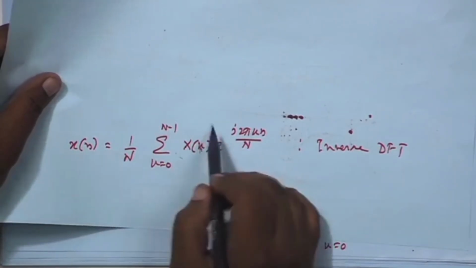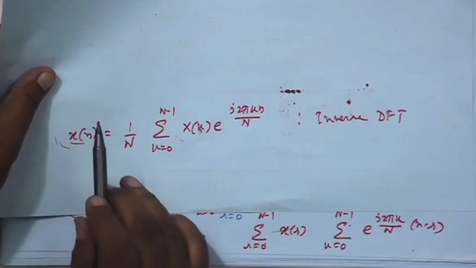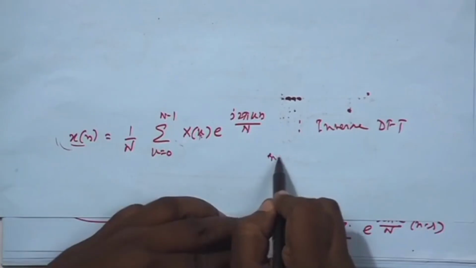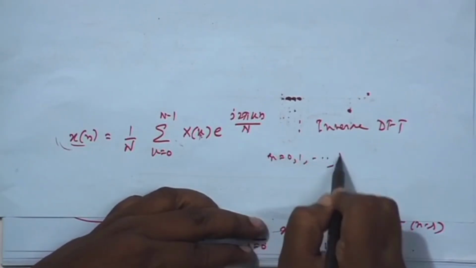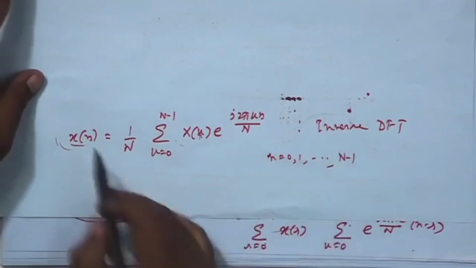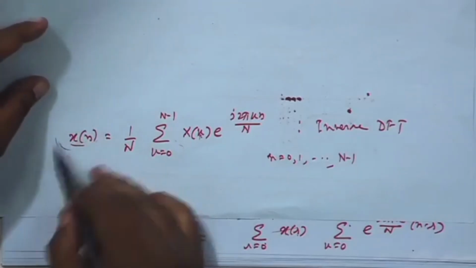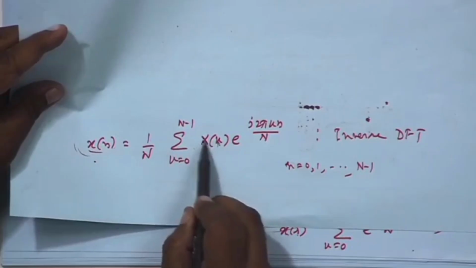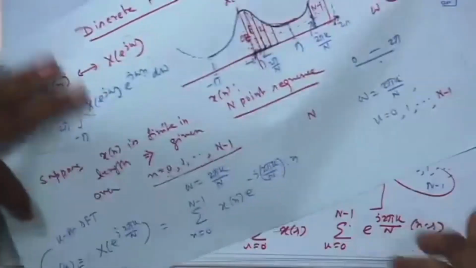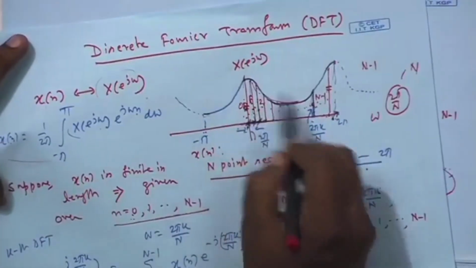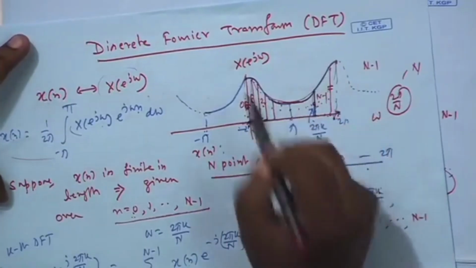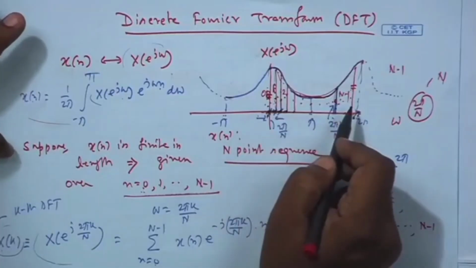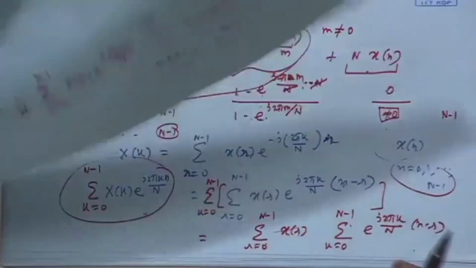So this summation will give you the original time data sample at the nth index, where n is within the range 0, 1 up to capital N minus 1. This means I can reconstruct my finite length N-point sequence from just these samples, capital X 0, capital X 1 up to capital X N minus 1. I do not need the entire waveform, the entire envelope. I just need storage for only N points. This is a fantastic result.